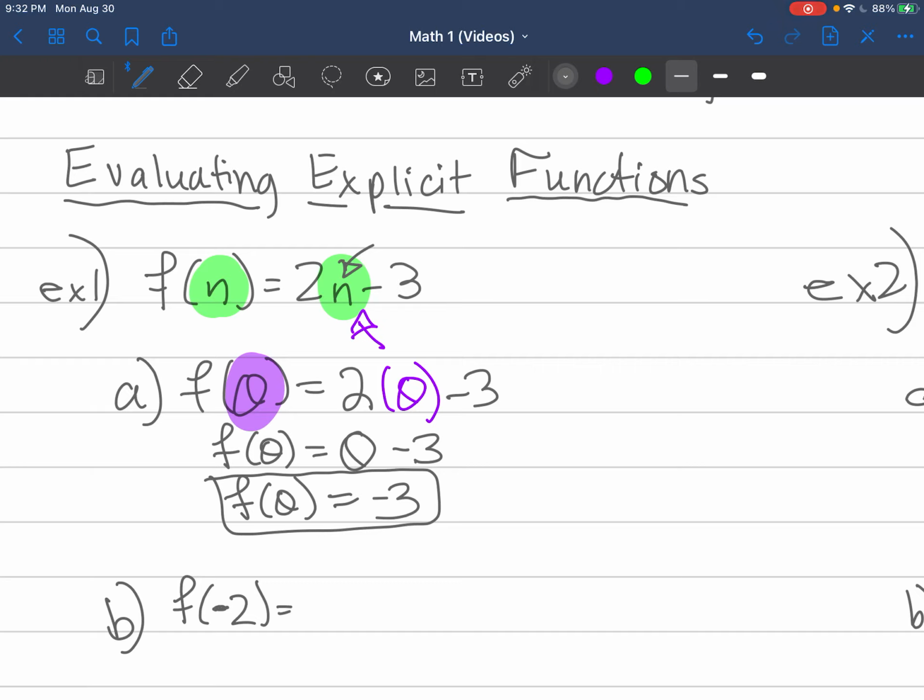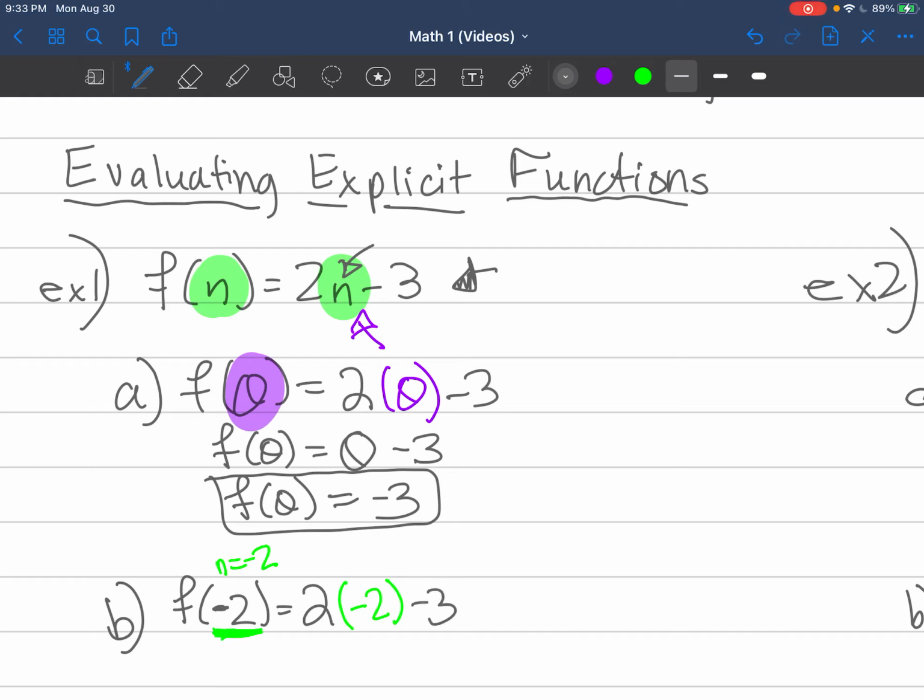Let's do it again. This time, f of negative 2, this means that n equals negative 2. So I'm going to replace, in this equation, 2 times negative 2. I'm replacing that n with that negative 2, minus 3.